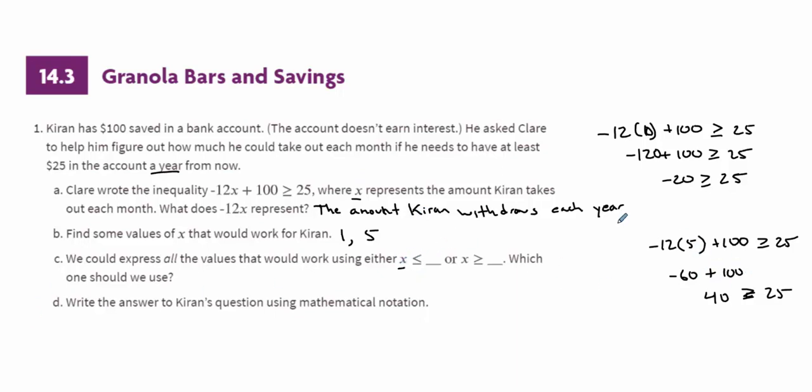So if I look at what I did up here, 1 would work, 5 would work. I tried 10, and 10 didn't work. So it has to be lower than some amount. So x has to be less than or equal to some amount here.